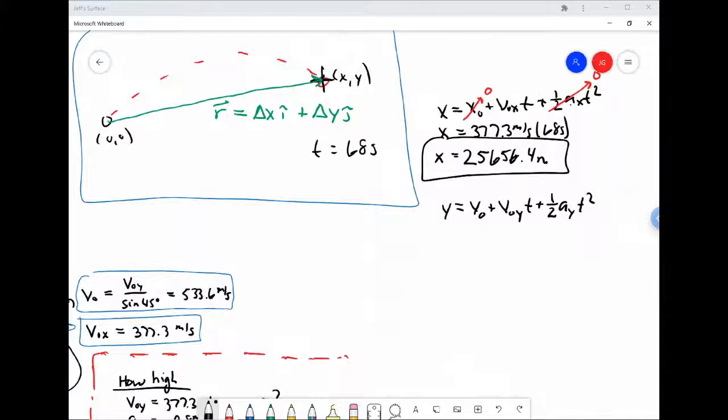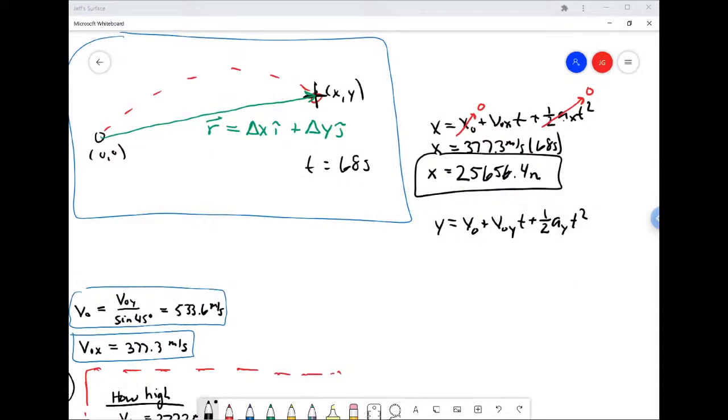In the y direction, it starts from 0, so that term goes away.